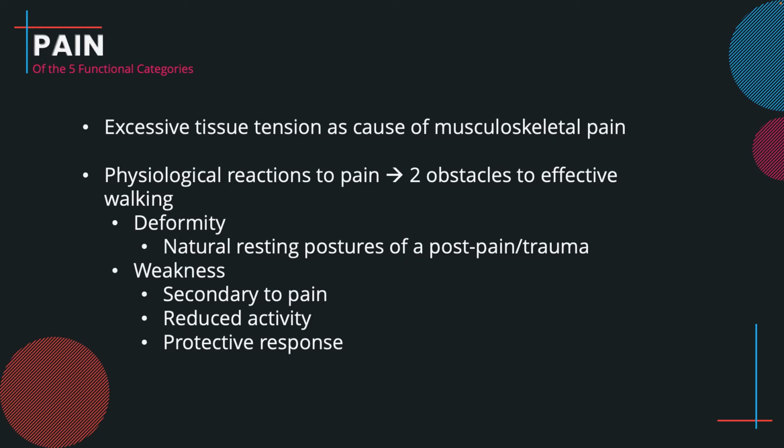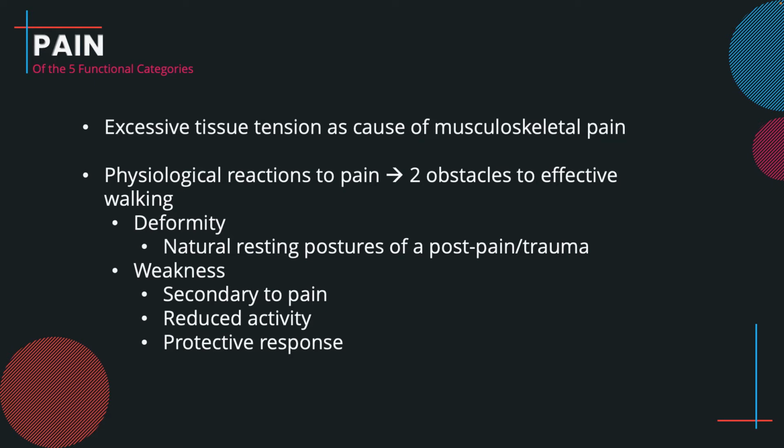Number one, we term deformity: our body will change its natural resting posture as a result of pain or trauma. You'll see that we tend to go to an open pack position of the joint to decrease the amount of articular pressure on a painful joint. This has implications on how well we'll be able to progress through the gait cycle.